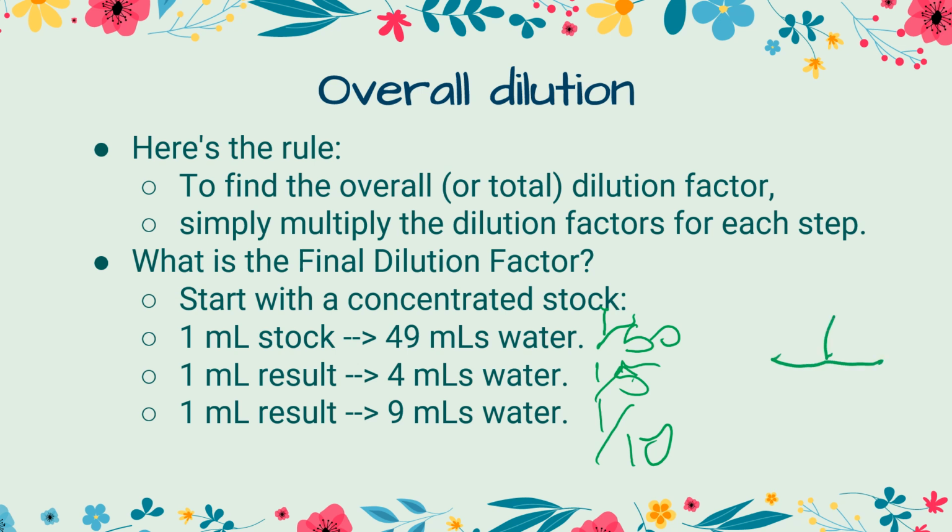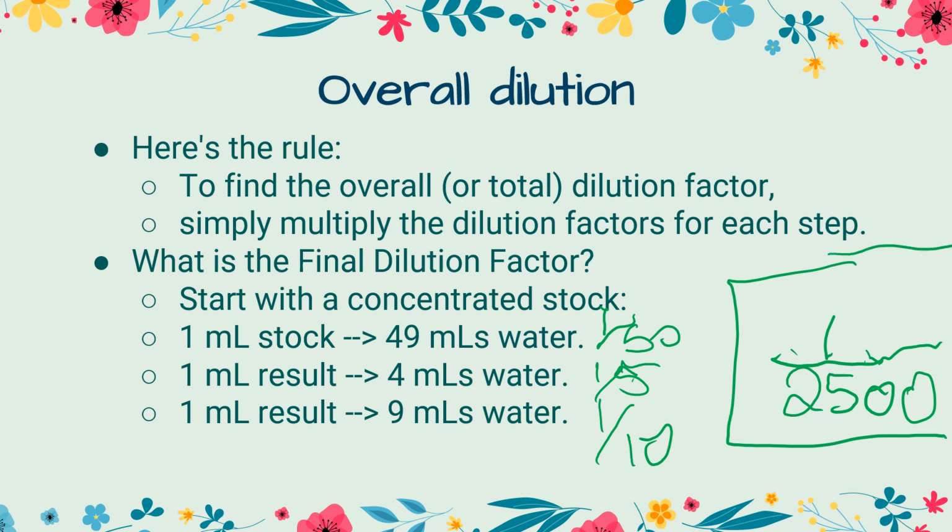So 1 over 50 times 5 would be 250. 250 times 10 would be 2,500. So my overall dilution factor would be 1 over 2,500. Super simple.